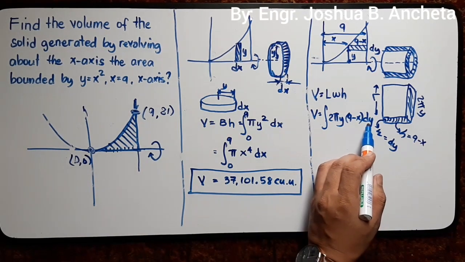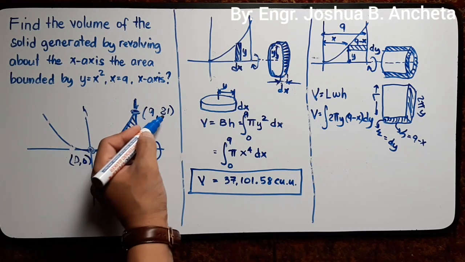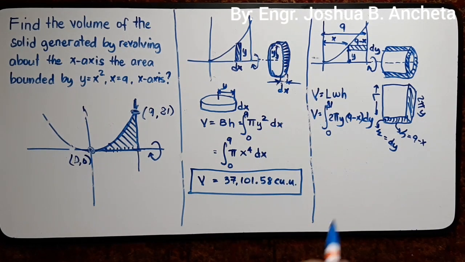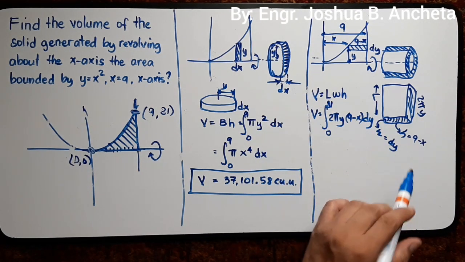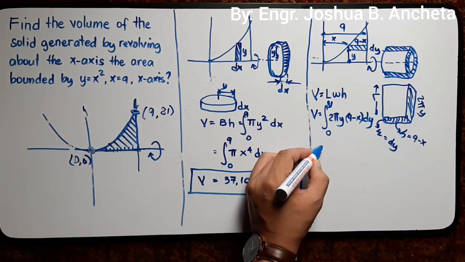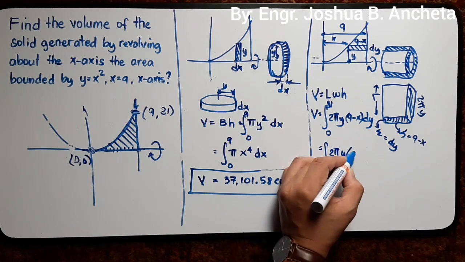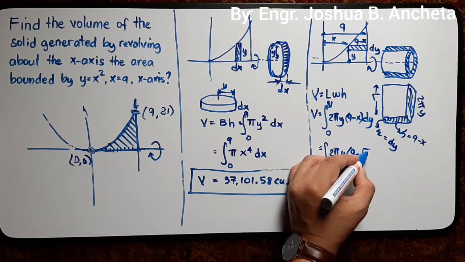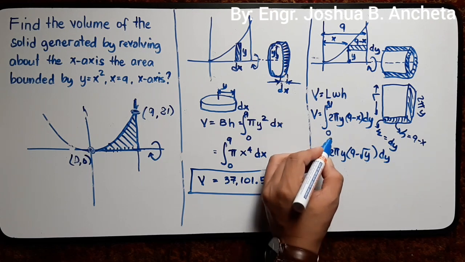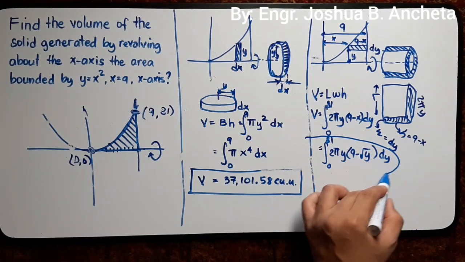Since this is in dy, our limit is in terms of y, from 0 to 81. And x should be replaced in terms of y. So x is equivalent to the square root of y. Our solution now is the integral of 2 pi y times 9 minus square root of y, dy, with limits from 0 to 81. Now use your calculator.